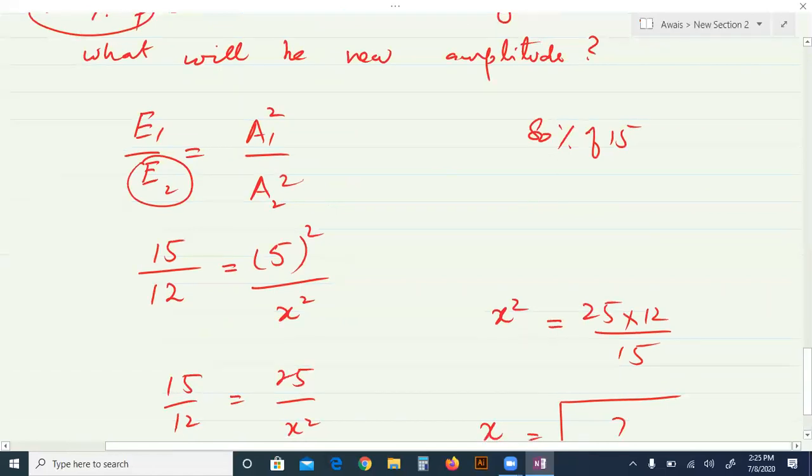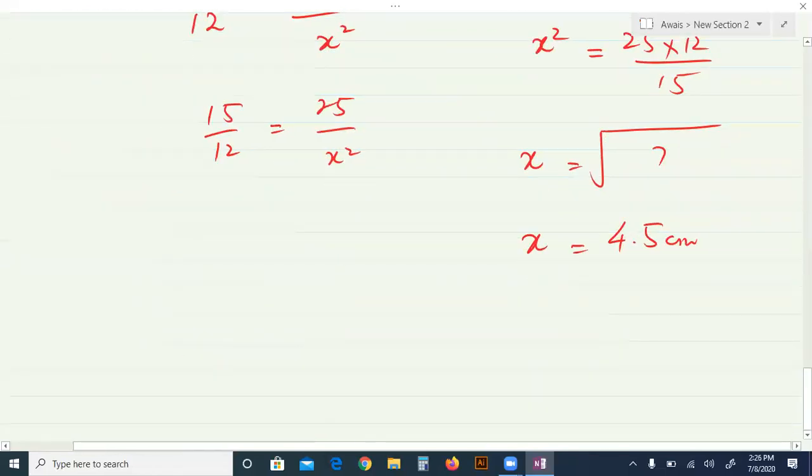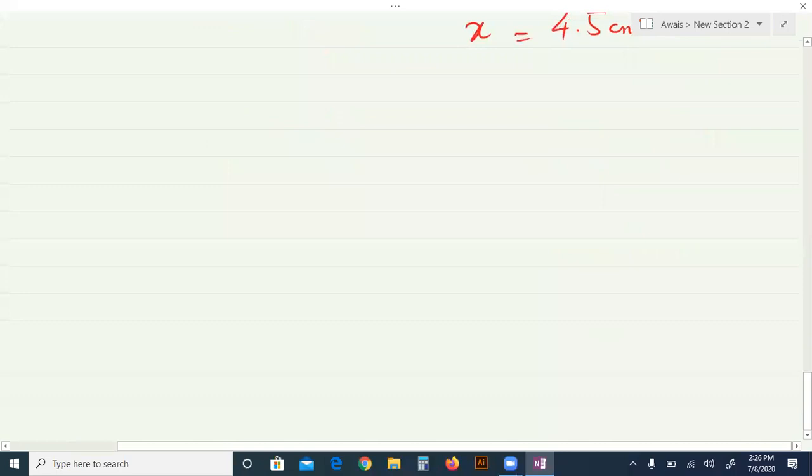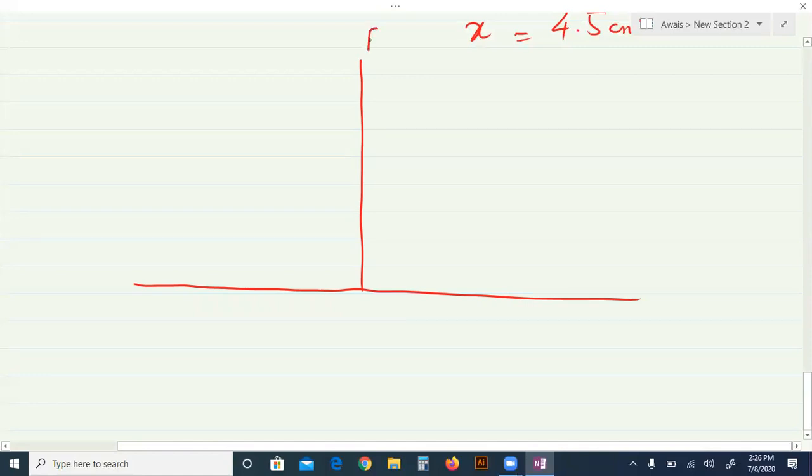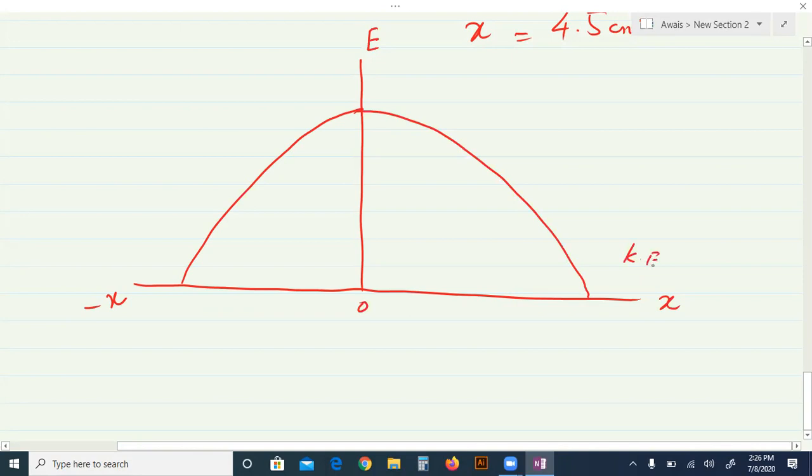This is the calculation. But if the graph of energy is given, like this is the graph, this is the energy, this is positive displacement, negative displacement, mean position, and the graph is drawn like this. This is the graph for the kinetic energy. So this is the kinetic energy graph.